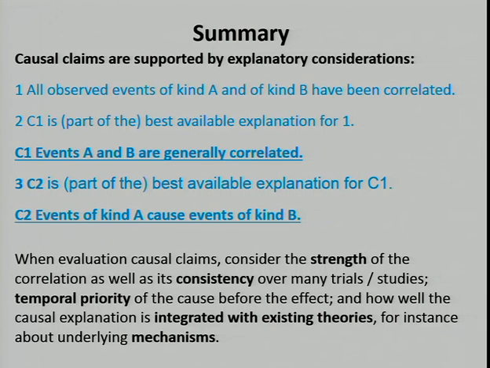But if it's a good and the best explanation, then that's strong evidence for accepting the causal claim with a certain likelihood. And again, you want to consider those 5 factors, so strength, consistency, temporal effects, consistency with background knowledge, and possible underlying mechanisms to further support that explanation.